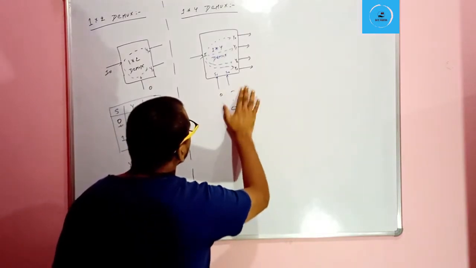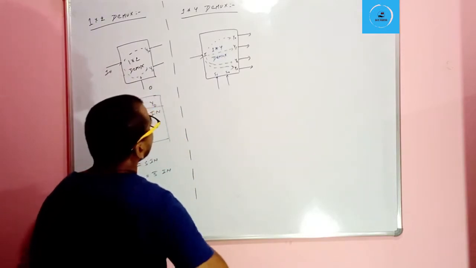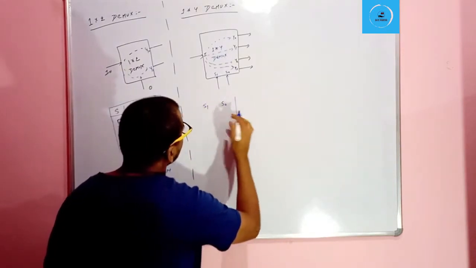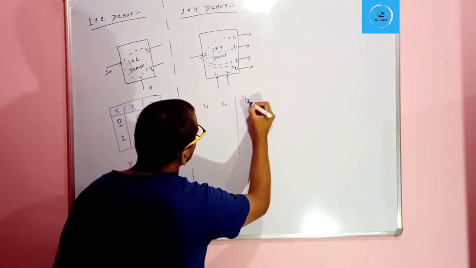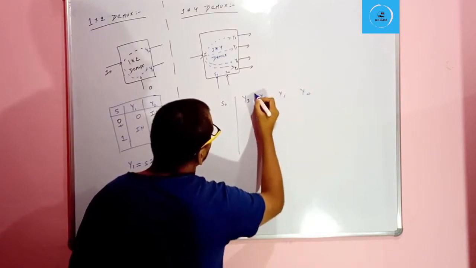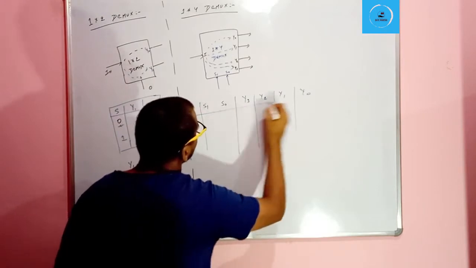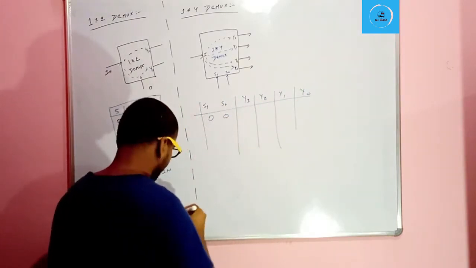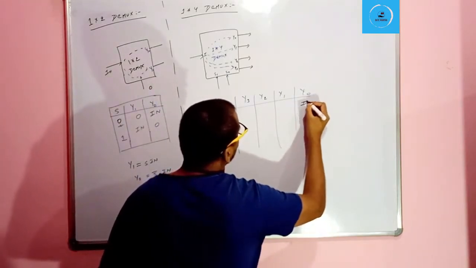So we will write the truth table here. Here are the two selective lines, S1 and S0, and here will be the outputs, that is y3, y2, y1 and y0. For 0 0, y0 will be equal to I and all others will be 0.